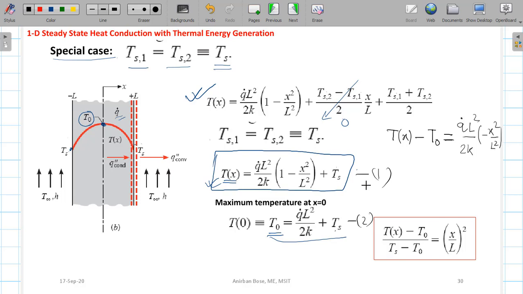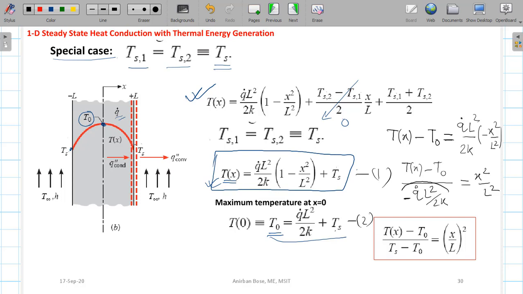So that will be there. So what we can write is that (Tx minus T0) divided by (minus q dot L square divided by 2k) is equal to x square by L square.